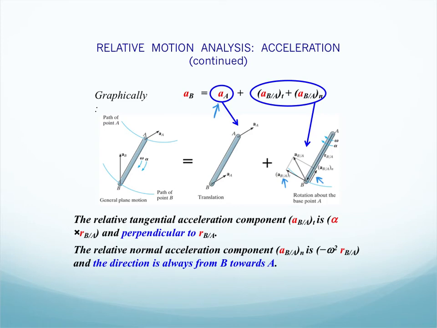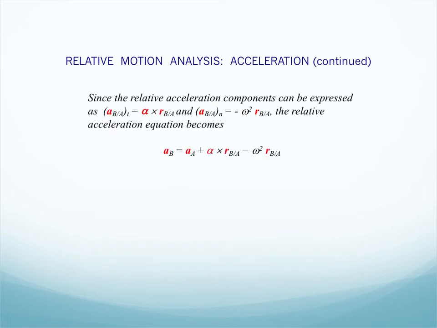The other two terms are due to rotation. So the way that we write this is the tangential term, which is the angular acceleration times the radius. That makes sense because we've seen that relationship before, that tangential acceleration is equal to the angular acceleration times the radius. And then this is the normal component, which is just the centripetal acceleration.